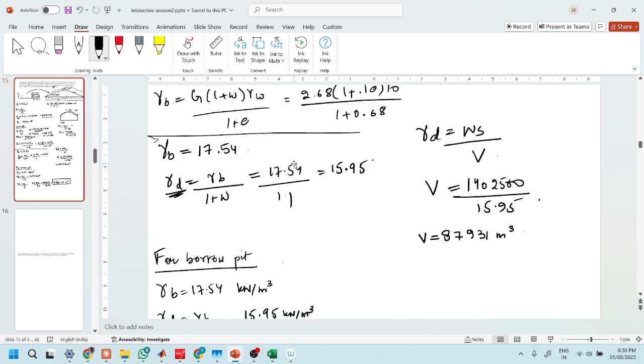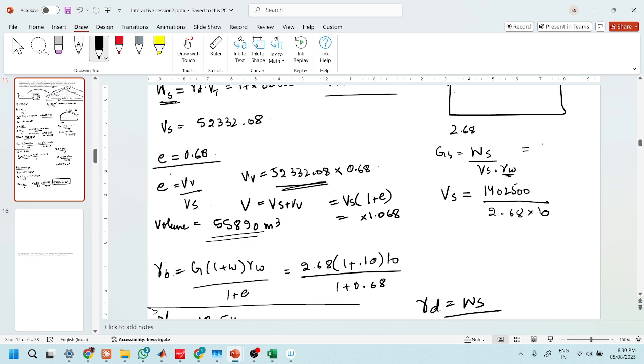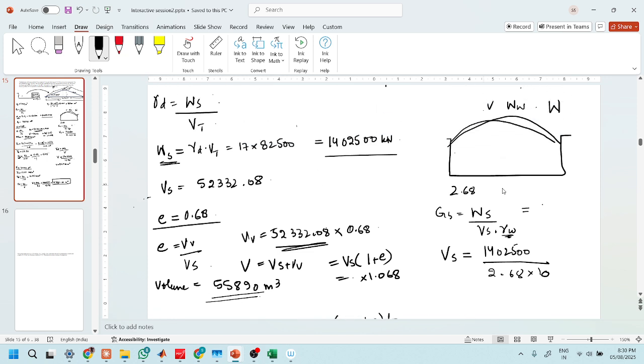So let's take the case when we were using the formula where we made the split. We take out Ws to calculate the Vs, then the total volume.